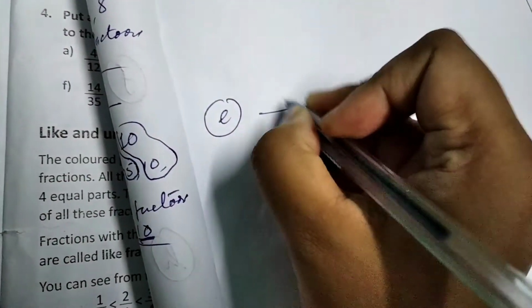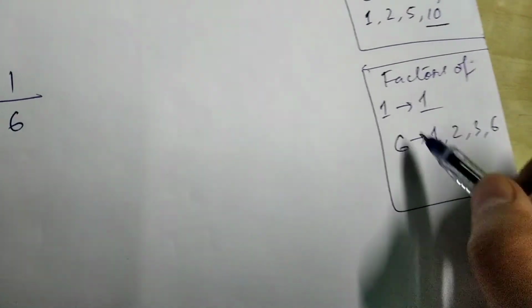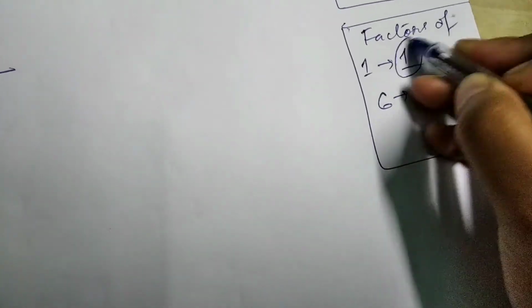Now let me do number E. For E they have given 1 by 6. So find the common factors. The factor of 1 is 1 only. The factors of 6 are 1, 2, 3, 6. What is the common factor of both?